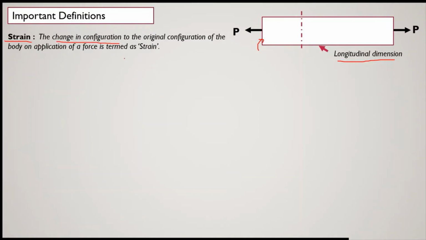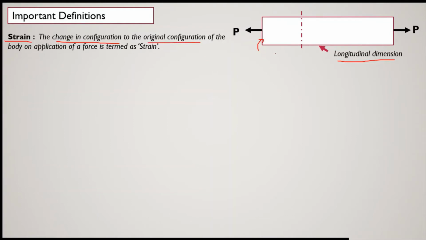So as per definition, strain is the change in configuration. Now configuration is a general word. It may be its length, or its cross-section area, or its lateral dimension. All will come under this one word, configuration. So this is the standard definition: the change in configuration relative to the original configuration.